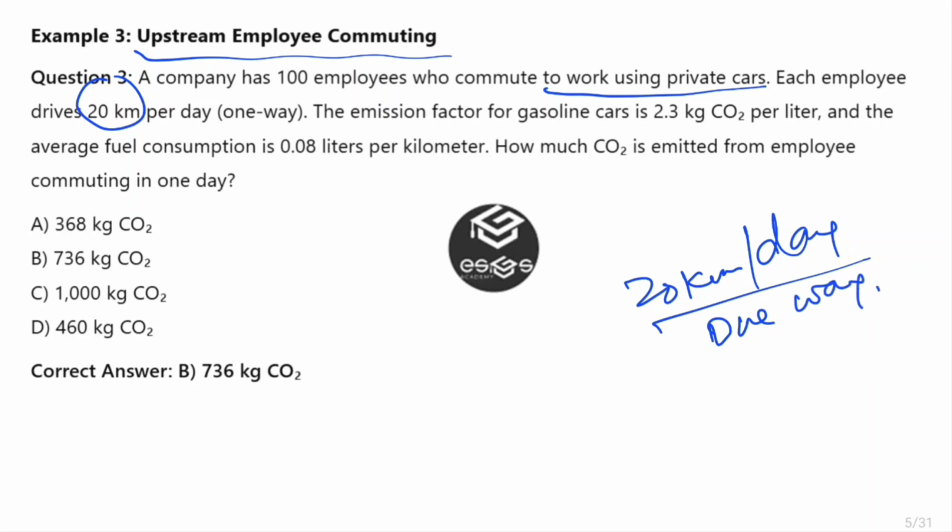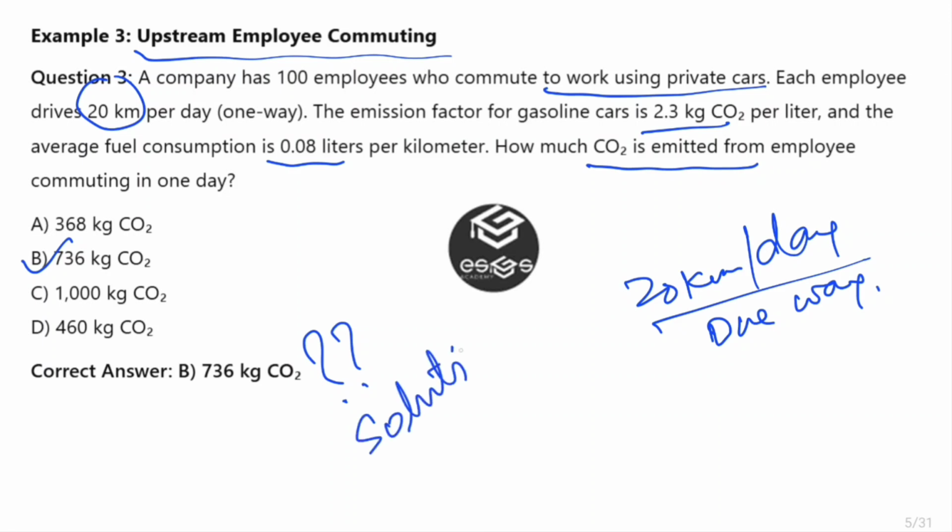The emission factor for a gasoline car is, let's say, 2.3 kilogram CO2 per liter, and the average fuel consumption is 0.08 liters per kilometer. Now, how much CO2 is emitted from employee commuting in one day? The correct answer is 736 kilogram CO2. But how did this answer come? Let us see the solution part of this question.